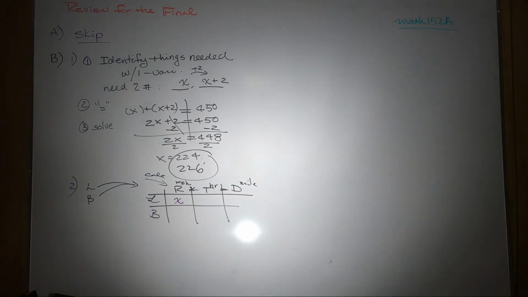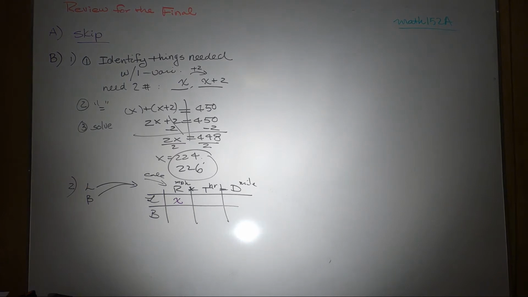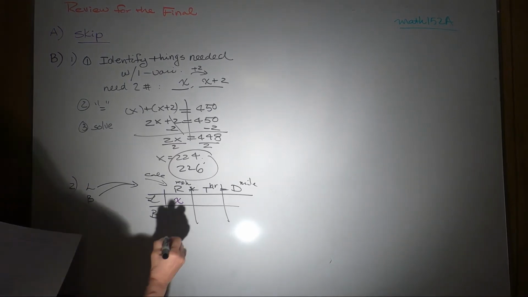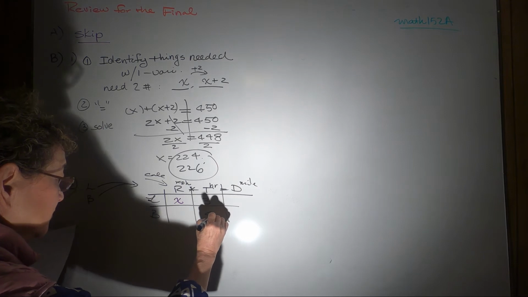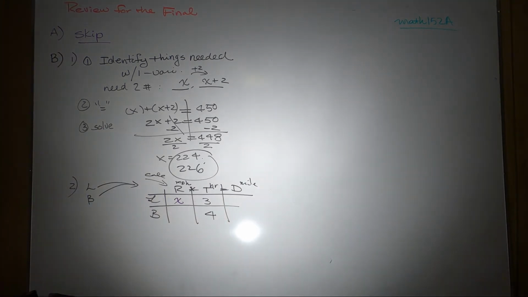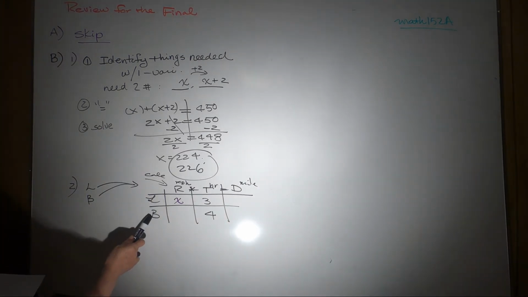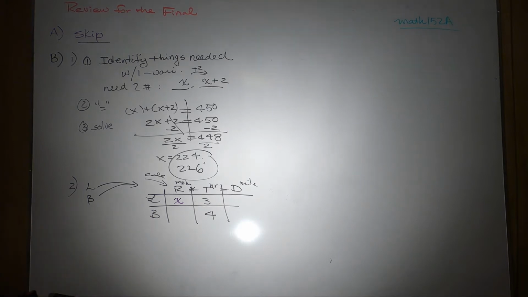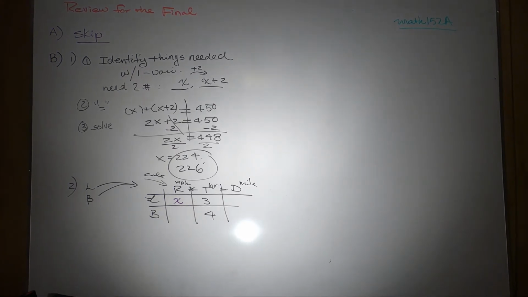Lowenda gets there in 3 hours. So Lowenda is 3 hours. Betty is 4 hours, right? And Betty is slower or faster than Lowenda? So Lowenda is 15 miles per hour faster.